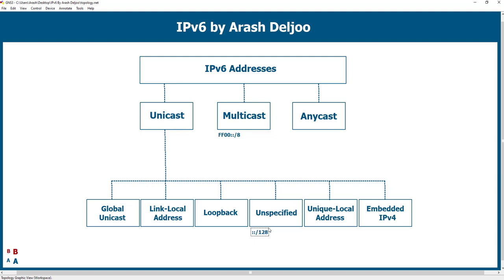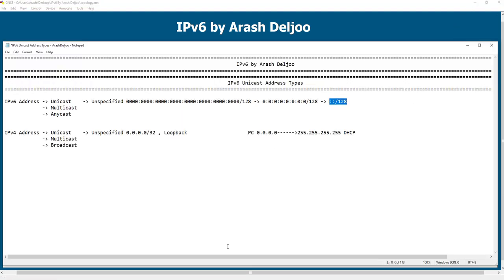Very good. Let's talk about the loopback unicast IPv6 address. But first, again, I want to talk about the loopback unicast IPv4 address. You know that we use the 127 range in IPv4 for loopback testing. For example, if you want to check that TCP/IP is installed on your PC or system, you can ping one of the IPs in this range.